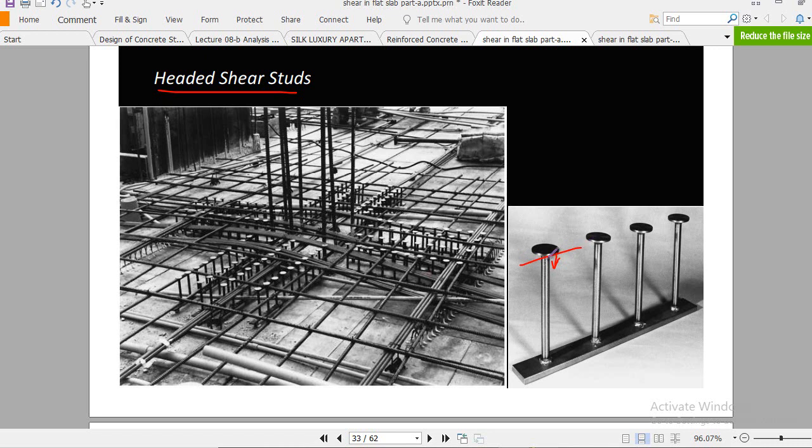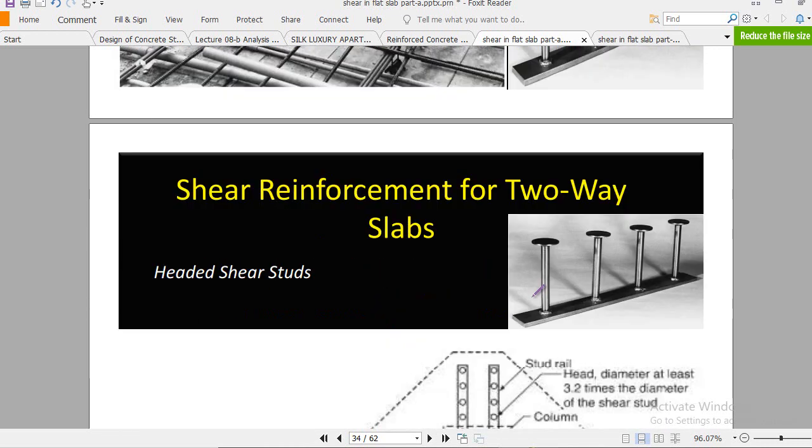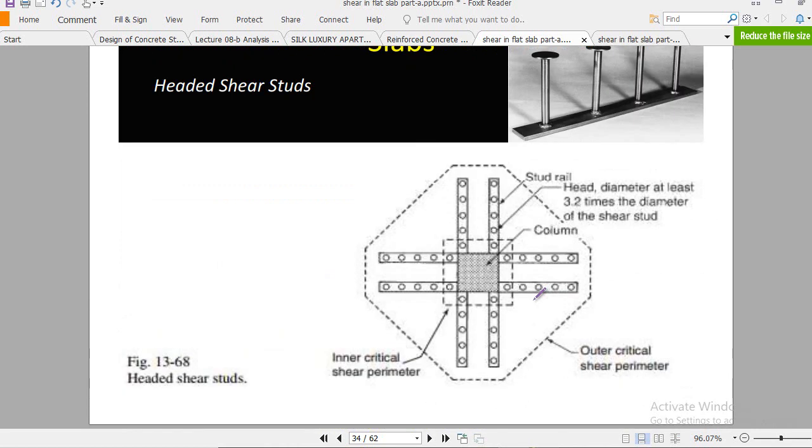This head should be big enough, around 3.2 times the shaft diameter, because this part is responsible for developing the yield strength in this steel. So there are ACI criteria, and you see here the head diameter should be 3.2 times the diameter of that portion.